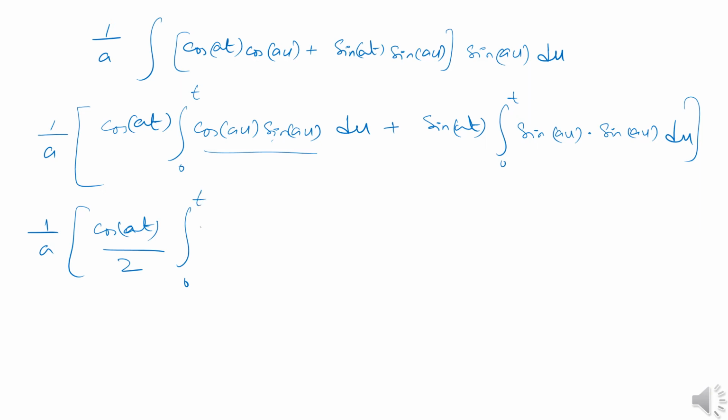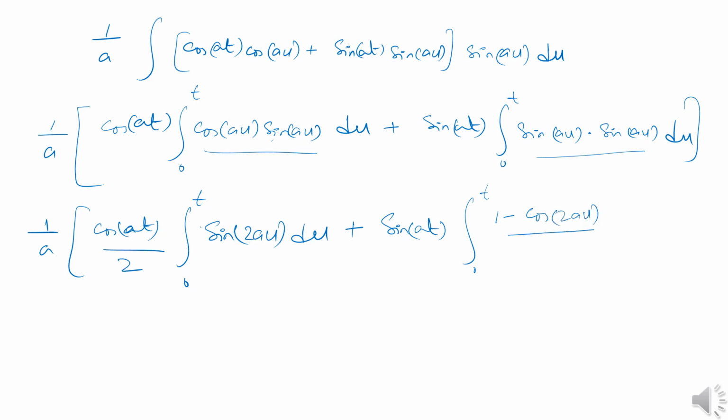So it will be 2 cos AU sine AU, that is sine of 2 AU du, plus sine AT will be as it is, and again this is sine square AU. So sine square AU is 1 minus cos 2 AU divided by 2 du.